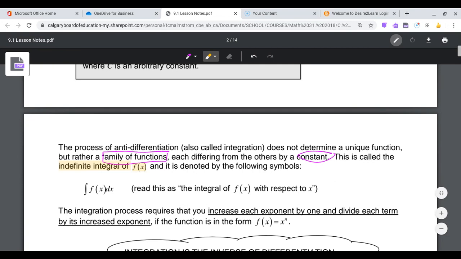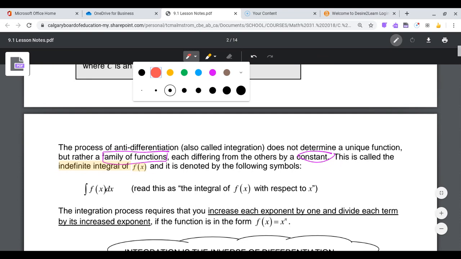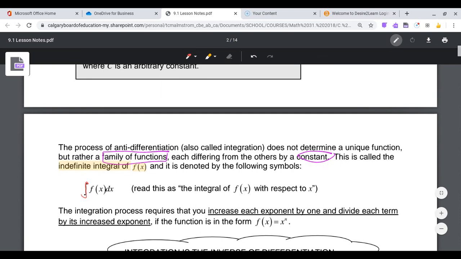So what we're looking at is this family of functions that all differ by some constant, and they're called the indefinite integral, and it's denoted by these symbols, okay? So the funny looking S, this integral sign, means take the integral of the differential equation of f of x with respect to x, okay?